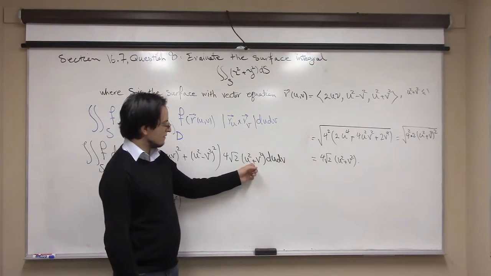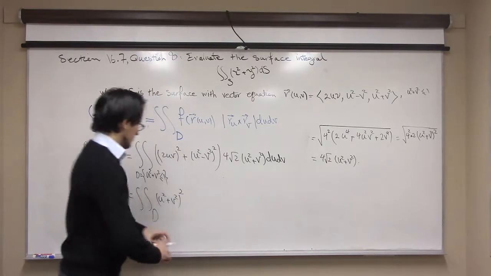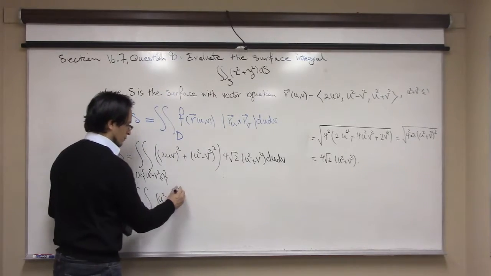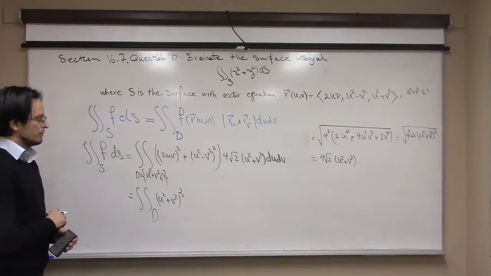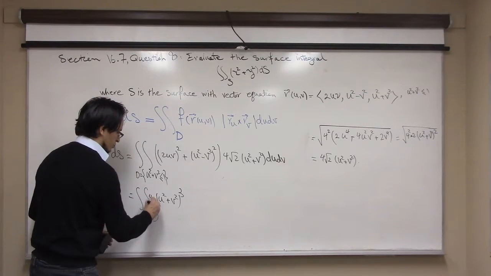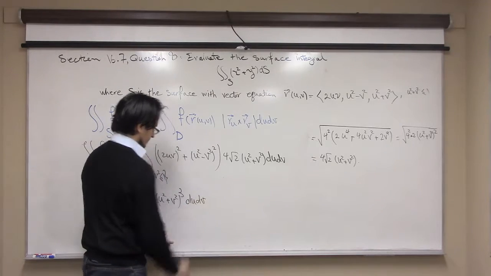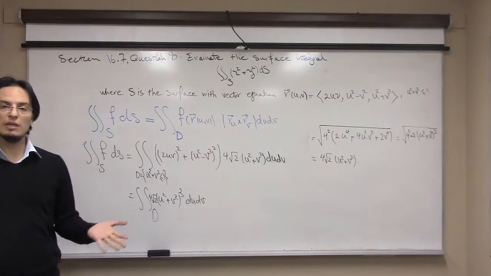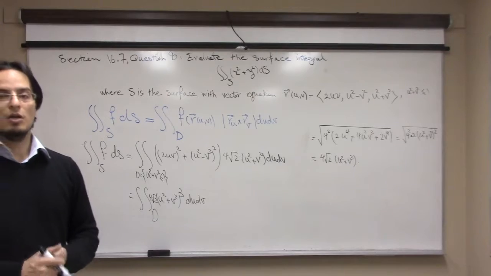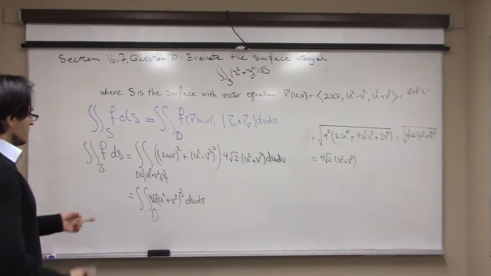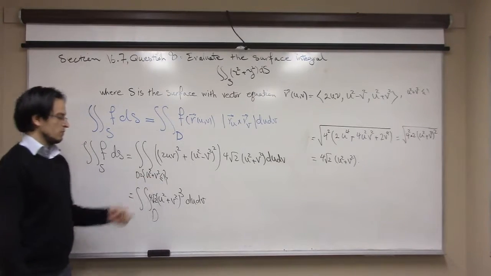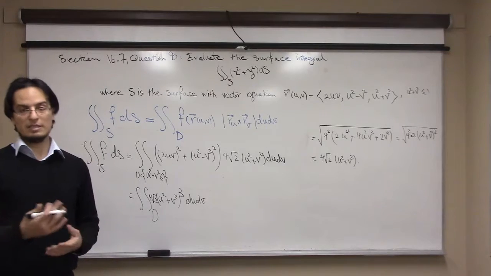But I also have this thing here, which is the same thing to the power 1. I add to its power, 3, 4 root 2 du dv. I'm now in a double integral, the region is u squared plus v squared less than or equal to 1.